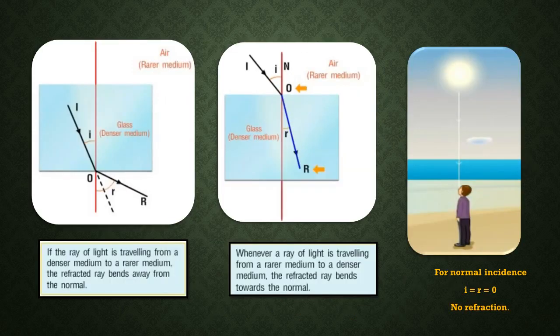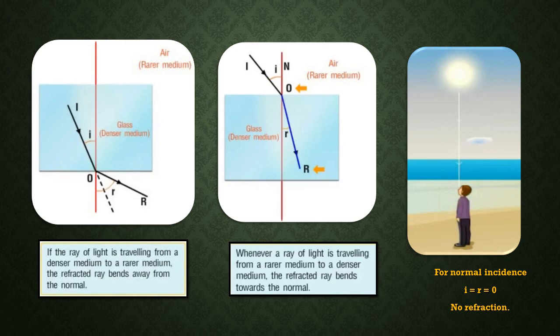In the previous slide, you have observed the bending extent of light, how it is bending. Now here you can see that the light is traveling from a denser medium to a rarer medium. Here IO is the incident light, I is the angle of incidence, and OR is representing the refracted light.